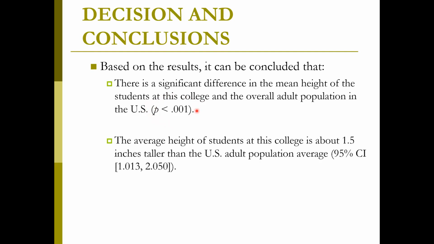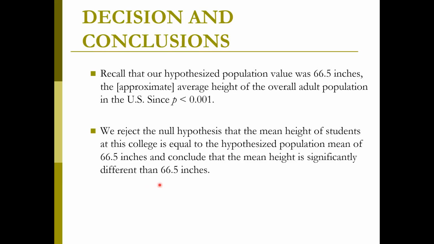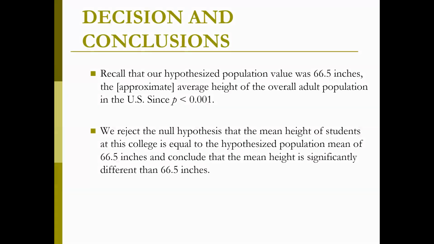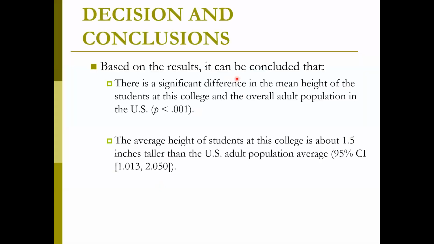And this can also be seen from the 99% confidence interval. Note that the 1.5 lies between the lower boundary of the confidence interval and the upper boundary, implying it is statistically significant. Back to our results, ladies and gentlemen.